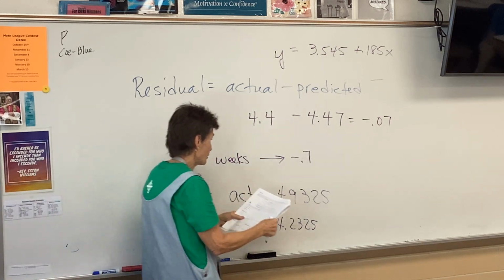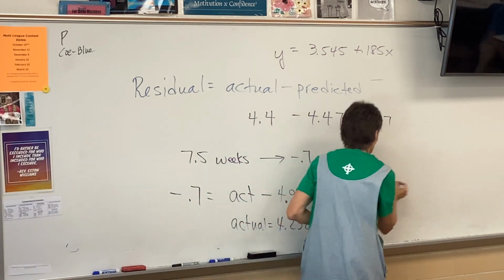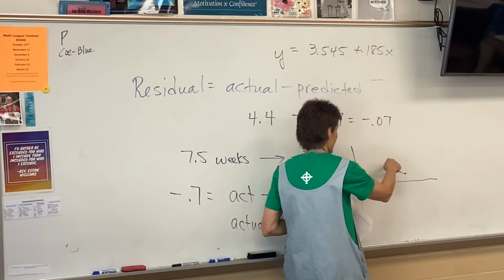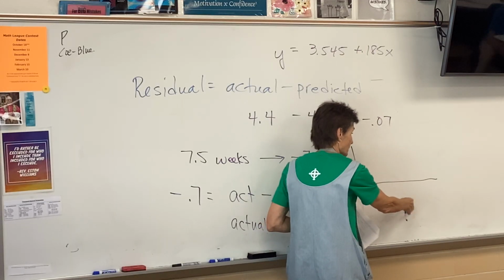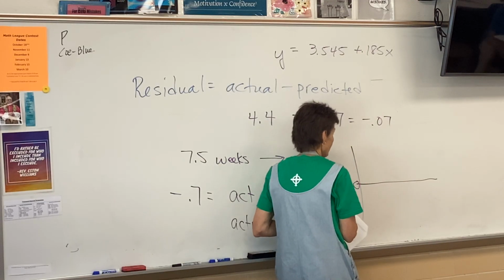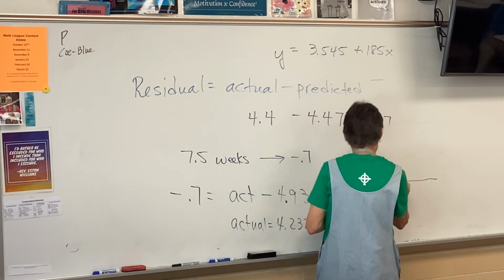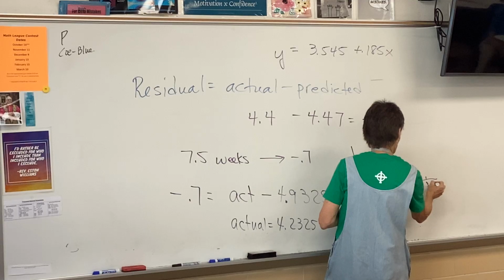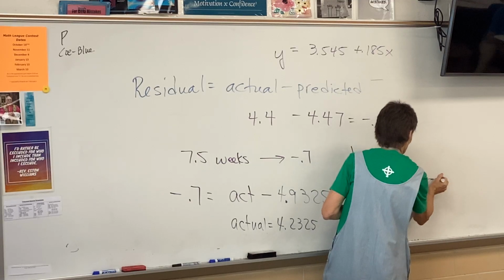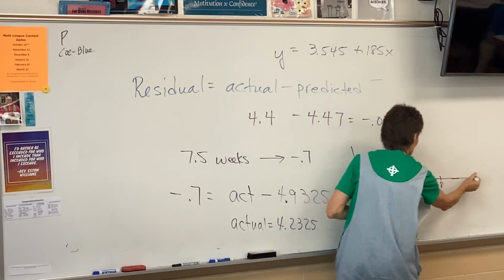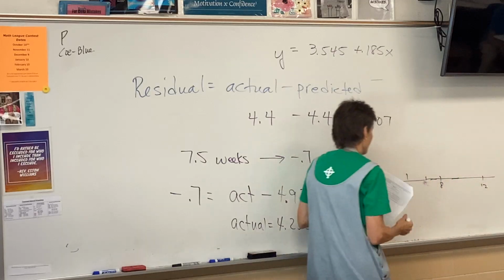So keep in mind that for your residual plot, here's 0. These are going to be positive, and these are going to be negative for the data points. So for 4, 5, 6, 8, and 12.